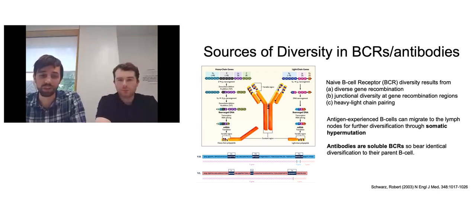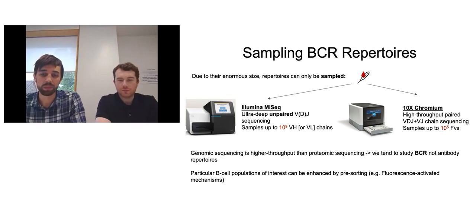Overall, the reason these things are so diverse is a combination of these various mechanisms. And it is this variable domain, often the Fv region, that we hope to profile when we're trying to understand what an antibody does. The ways we go about doing that are of two kinds. One is the next generation sequencing approach. This gives us unpaired VDJ sequencing.